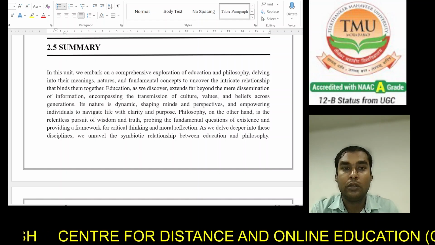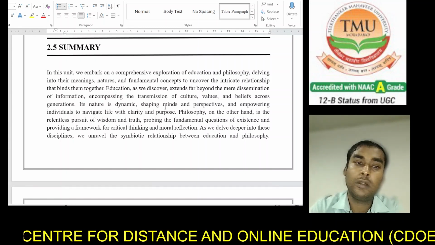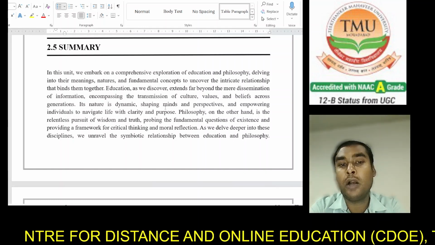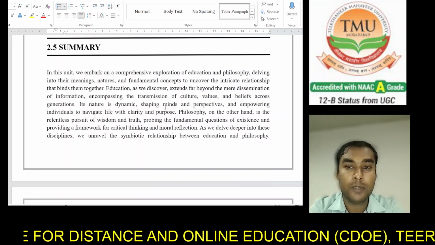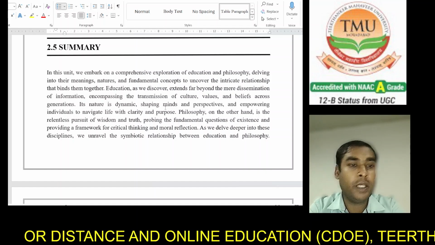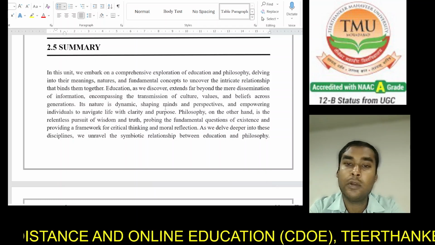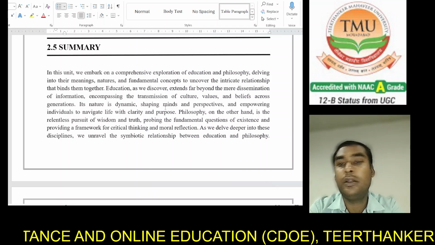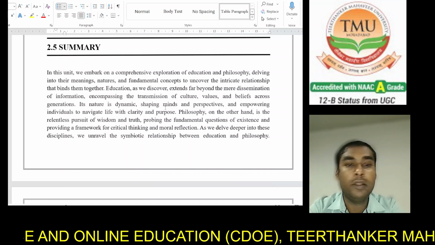Now, summary of this unit. In this unit, we embark on a comprehensive exploration of education and philosophy, delving into their meaning, nature, and fundamental concepts to uncover the intricate relationship that binds them together.